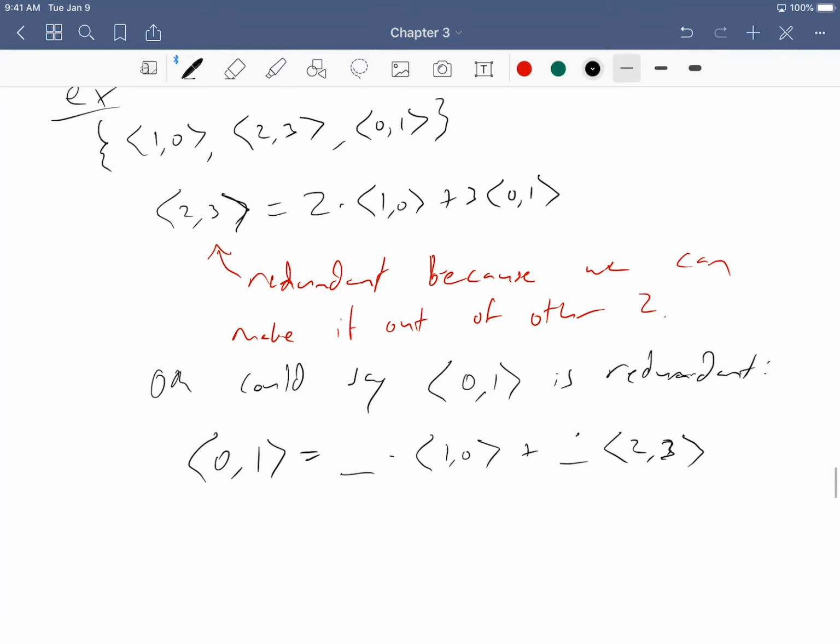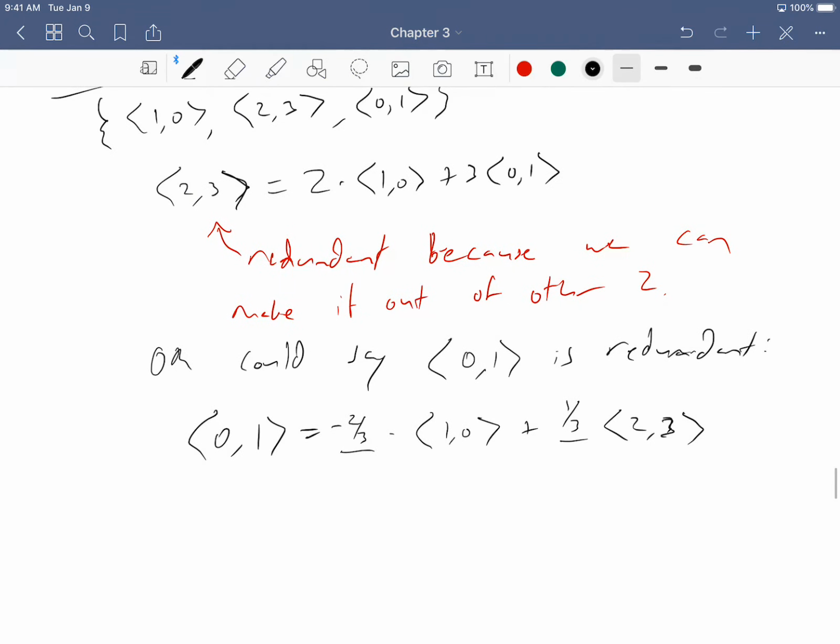So let's see if we can fill in those blanks. So if I want to write (0, 1) as this linear combination of these two things, it looks like I need a third here so that I can get that 1. And then I have a 2/3 in the first component, and so I better get rid of a 2/3 here. And so that will work.